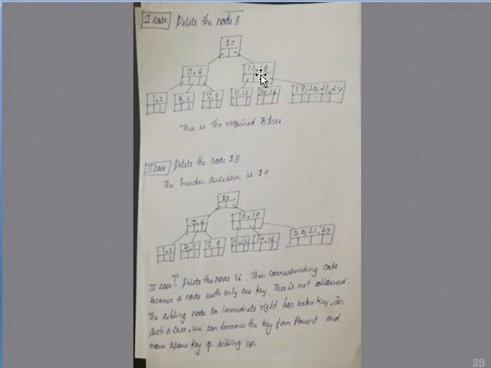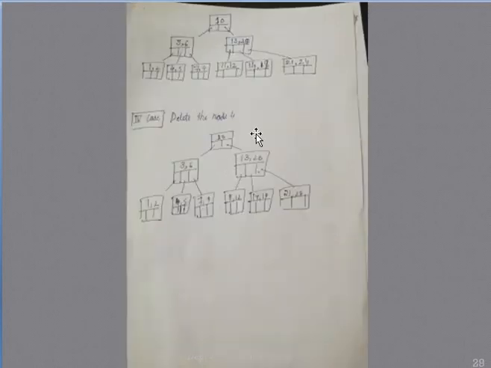In the same way we can delete the remaining nodes from the list also. So let us see if we are deleting the node 4. We can delete the node 4 from this place.